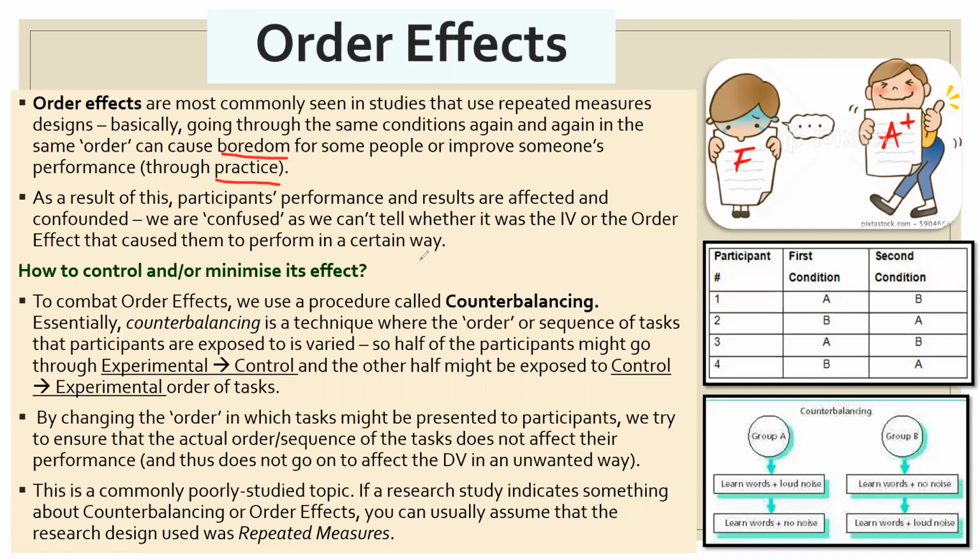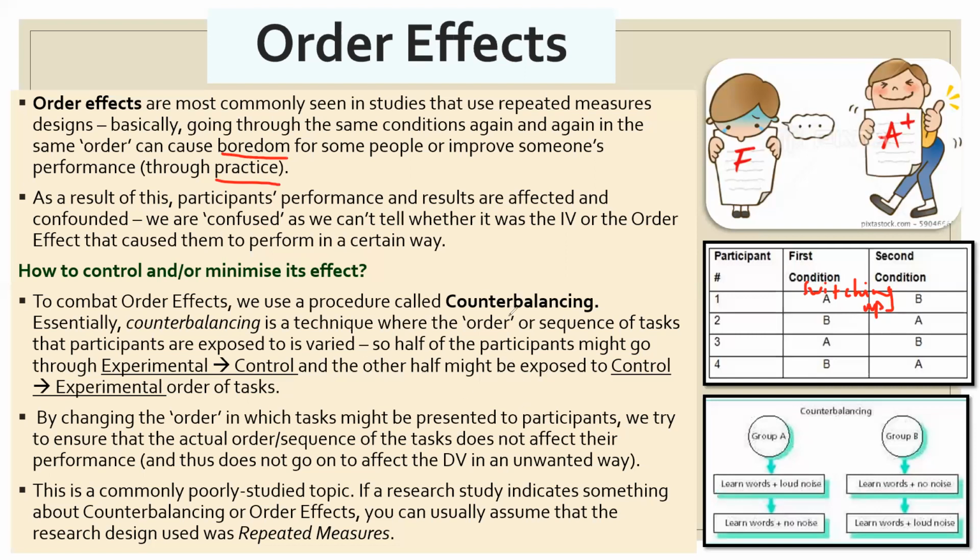Okay, how do we control for order effects? Rather than giving the same order of tasks where you're going A, B, B, A every day, you're switching up the order of the tasks there. That's the main thing we're talking about.